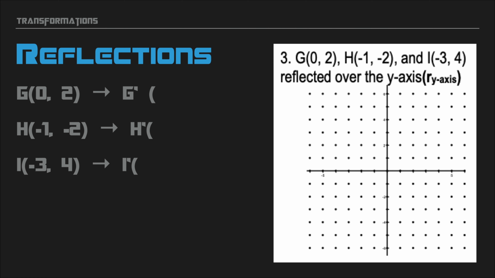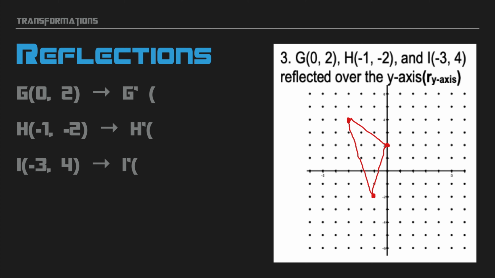So in this case, we have G at 0, 2. H is at negative 1, negative 2. And I is at negative 3, negative 4. So here's our points. Here's our shape.